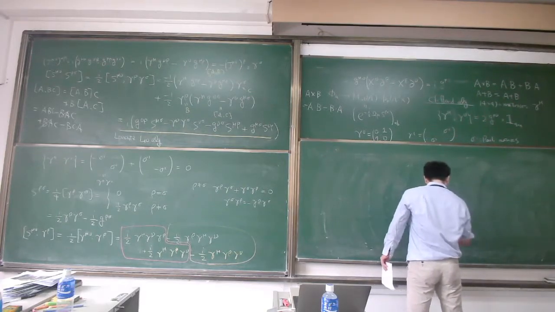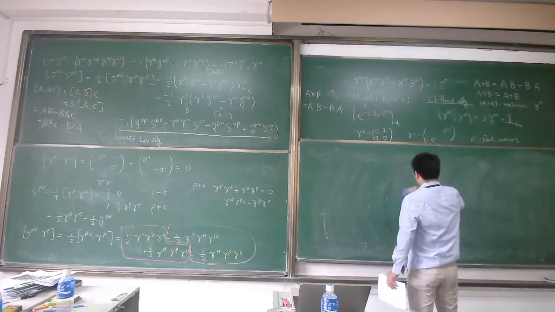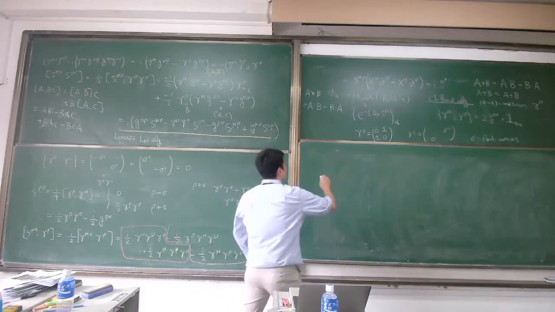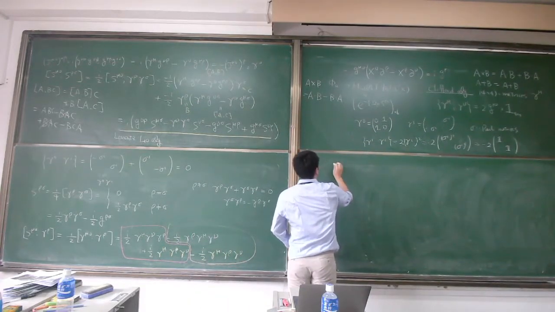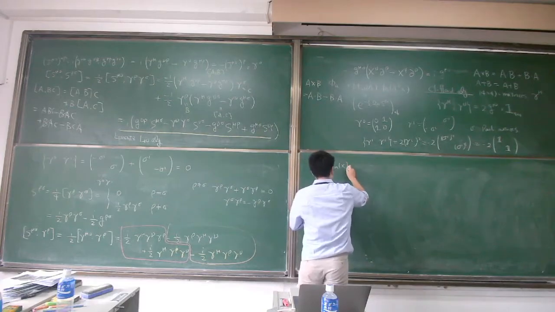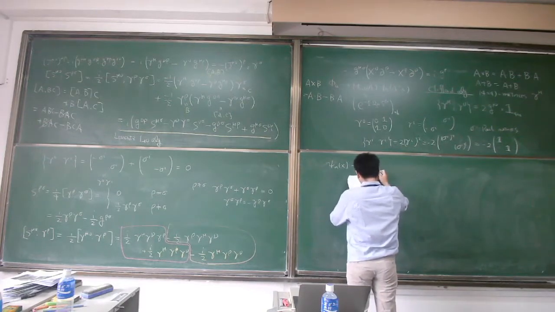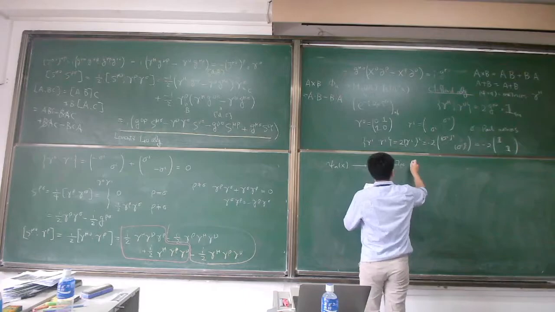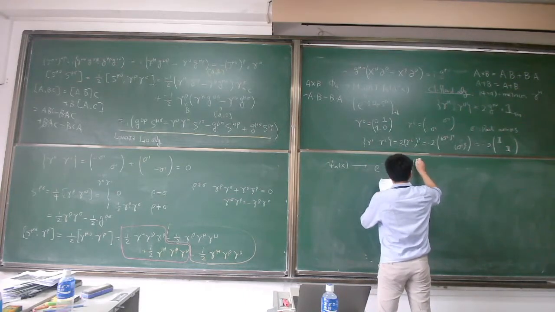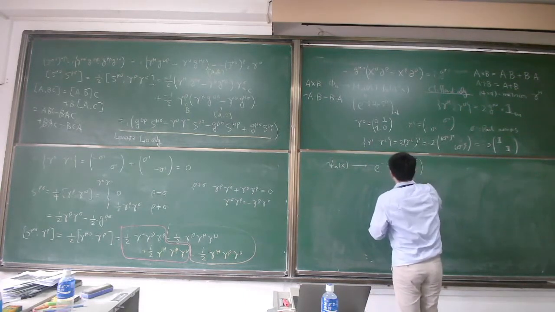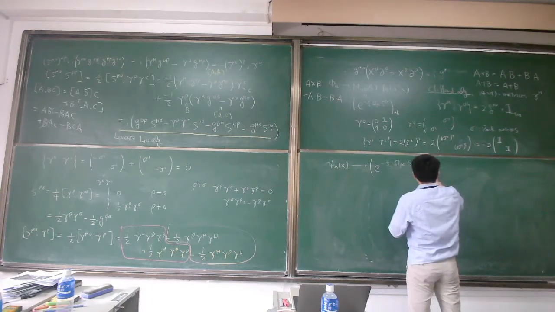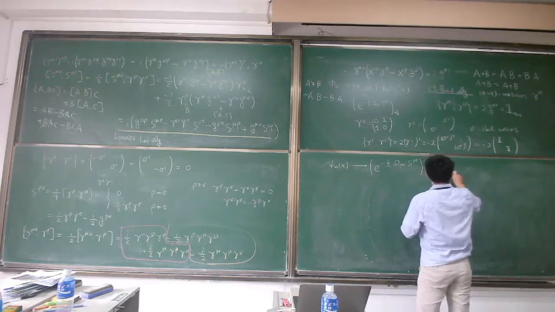If you introduce a field psi alpha of x that transforms under the Lorentz transformation as e to the minus I over 2 omega rho sigma S rho sigma, S rho sigma acts on psi, so alpha beta, psi beta.